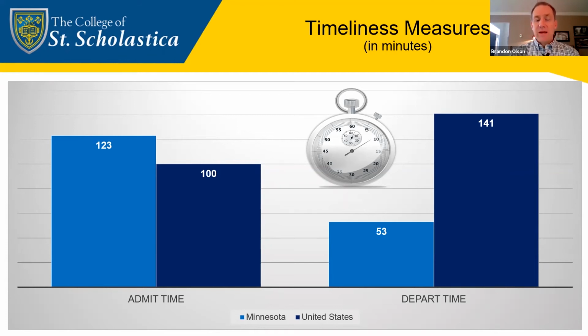So we're seeing a big difference there. So that's what the different measures look like, looking at the counties across the state of Minnesota, focusing on some of the rural counties, also looking at the state averages compared to the US averages. So you can see where our strengths and where our weaknesses are and things that we should be looking at in the future.